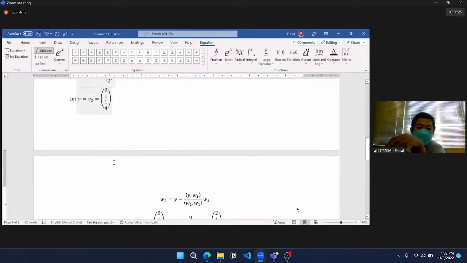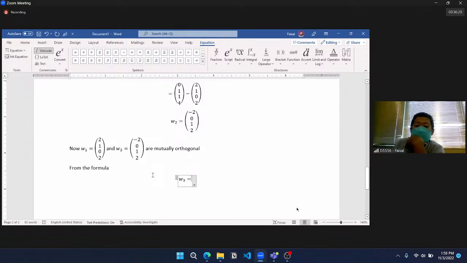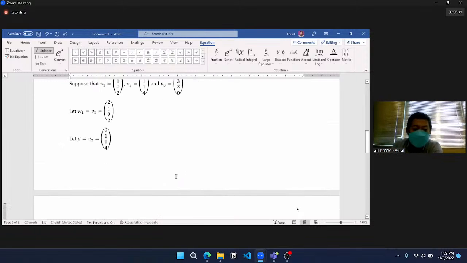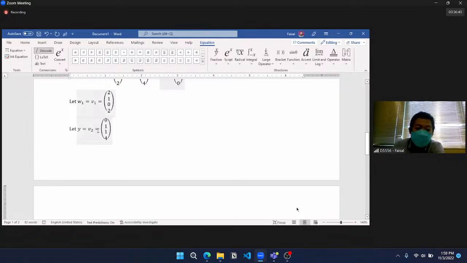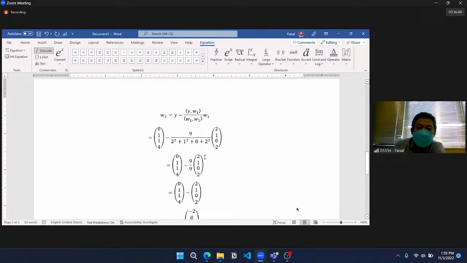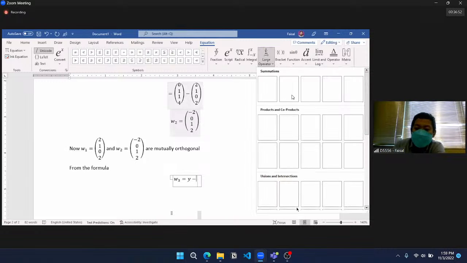Y is P3 now in the third iteration. So we substitute Y with P3 now. Y, this is the sum. Y minus the sum.